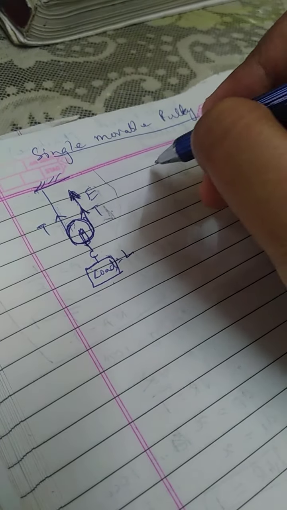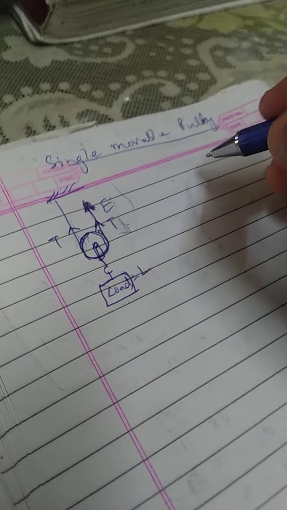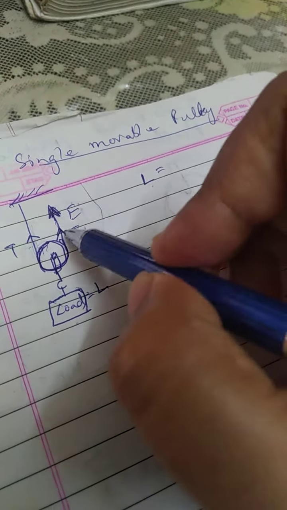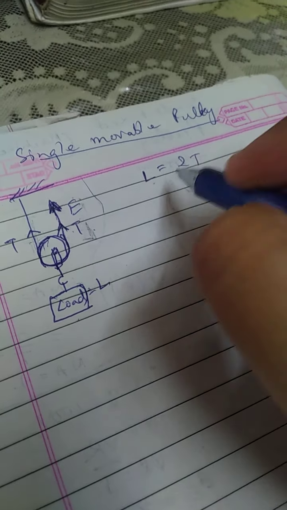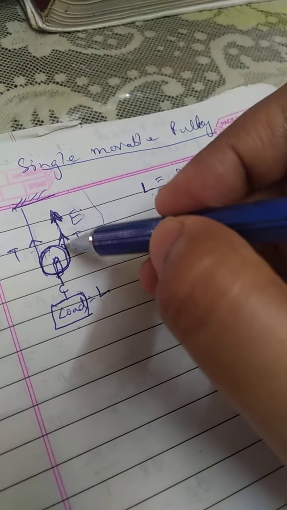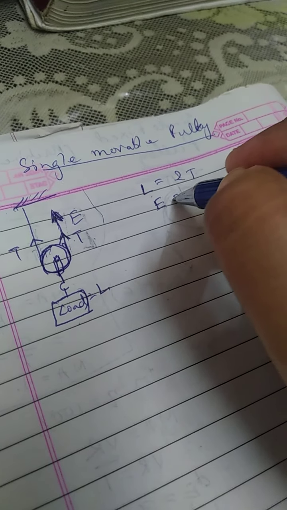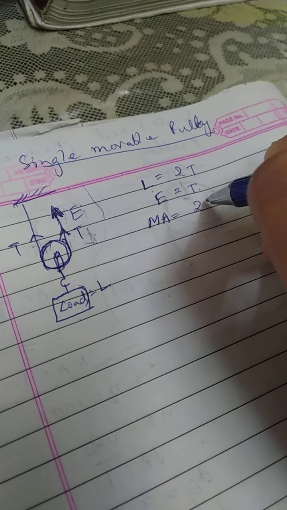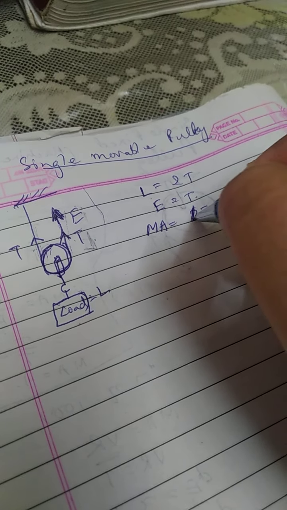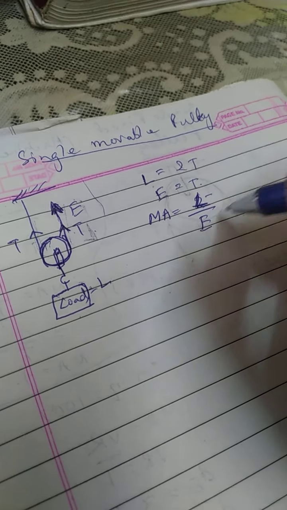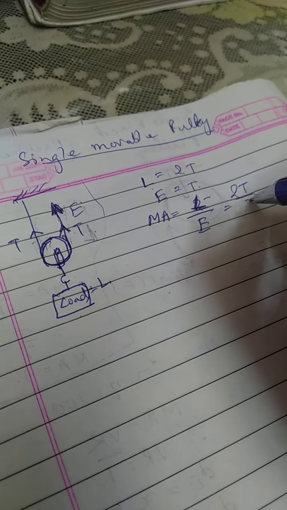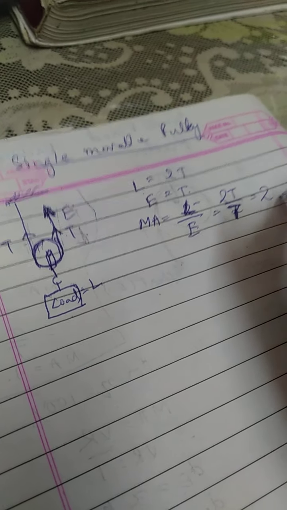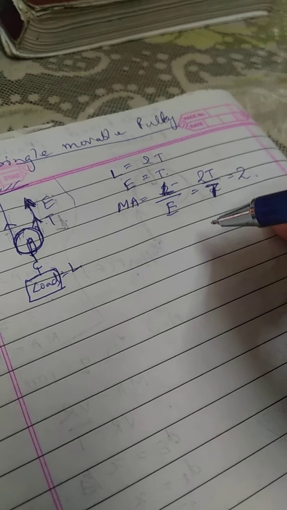So now what we see, that your load is balanced by these two tensions of the string, so it is equal to 2T, and effort is balancing these tensions, so this is equal to T. So your mechanical advantage will be load upon effort, it is coming out to be 2T upon T. Your mechanical advantage comes out to be 2.